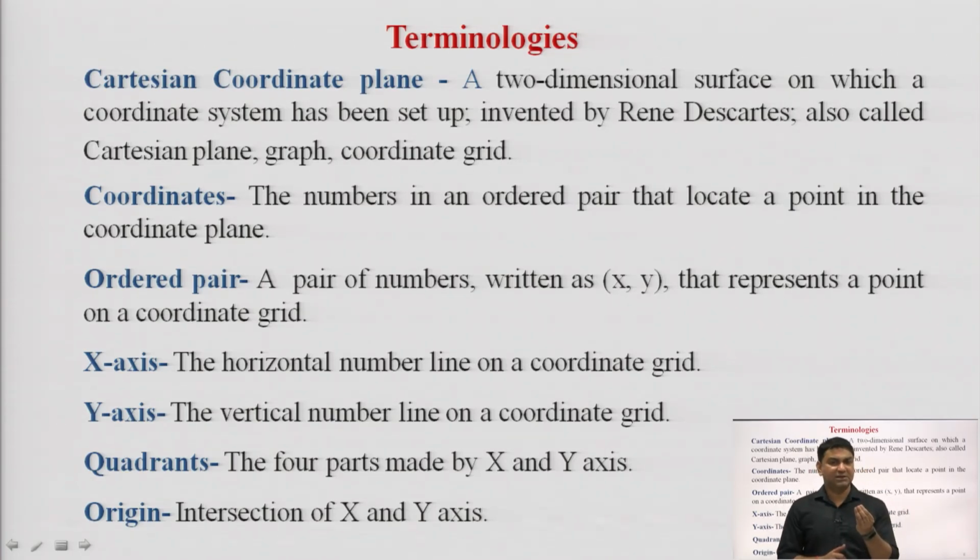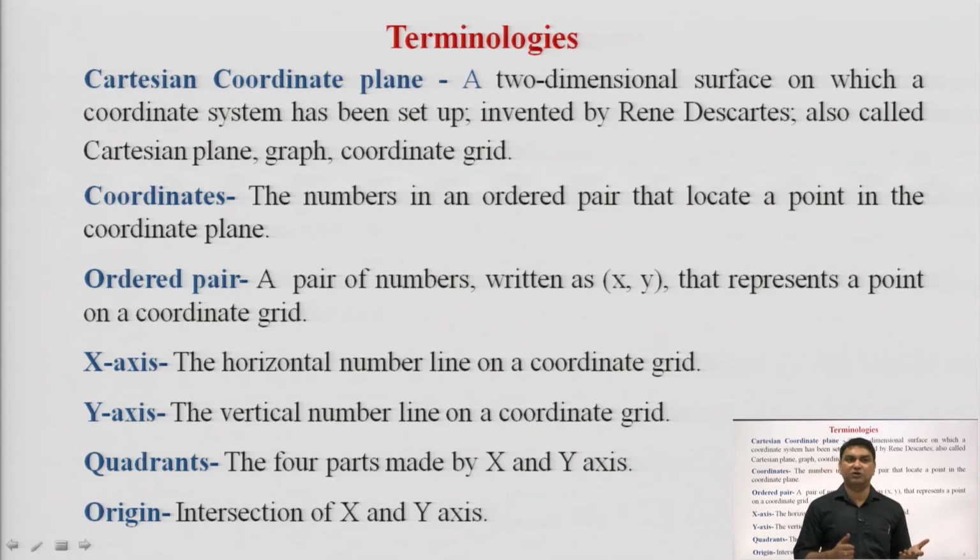Coordinates means any point in the coordinate system is defined, especially in a 2-dimensional diagram, in the form of a pair of x and y, meaning the distance from the y axis for x and the distance from the x axis for y, and this is also called the ordered pair.